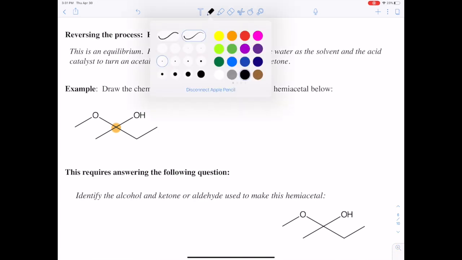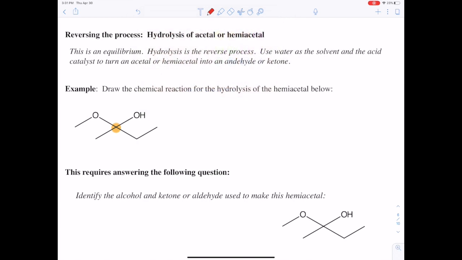So what you're going to do is say, this carbon will become the carbonyl. This bond will break, and this becomes the alcohol. The alkoxy group is the alcohol.